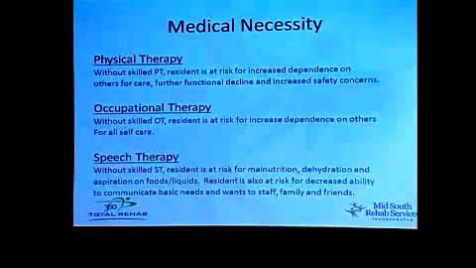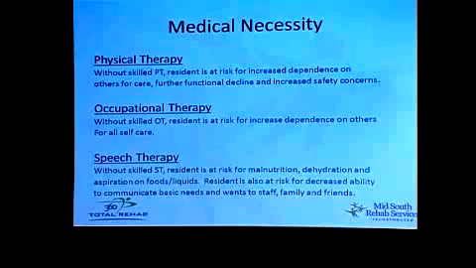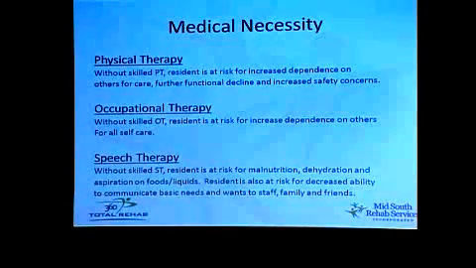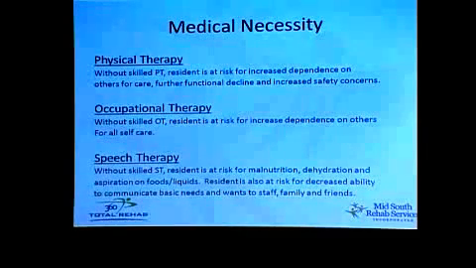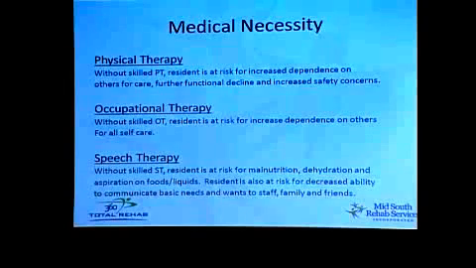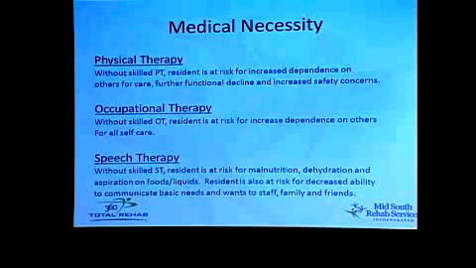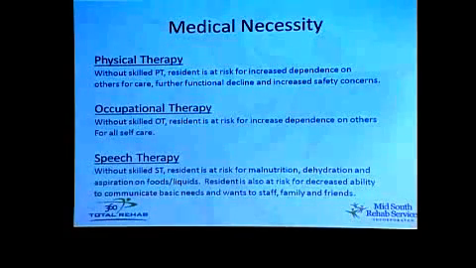Speech therapy: without skilled ST, the resident is at risk for malnutrition, dehydration, aspiration on foods and liquids. The resident is also at risk for decreased ability to communicate basic needs and wants to staff, family, and friends. You have to document a medical necessity statement on your initial plan of care that helps establish medical necessity.